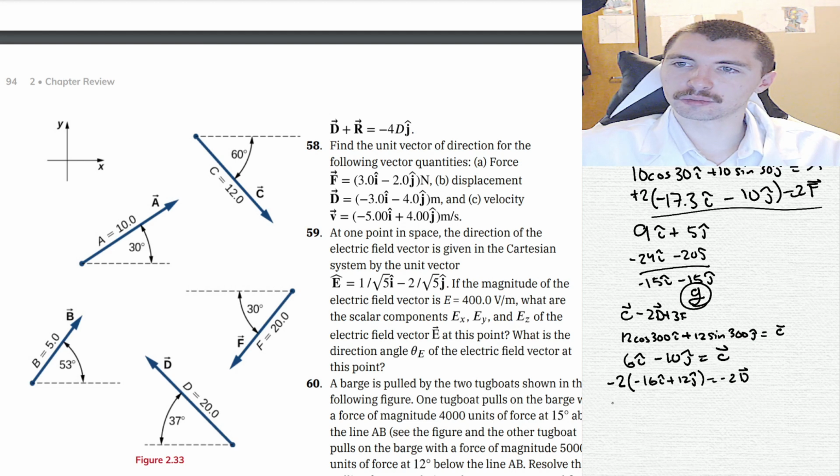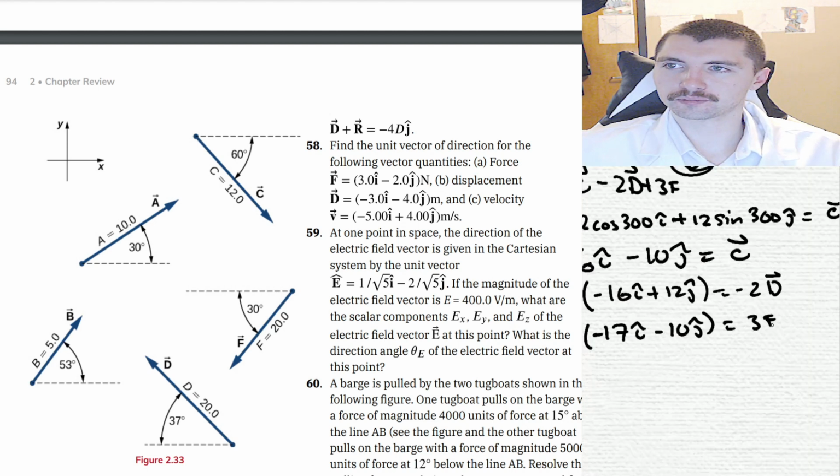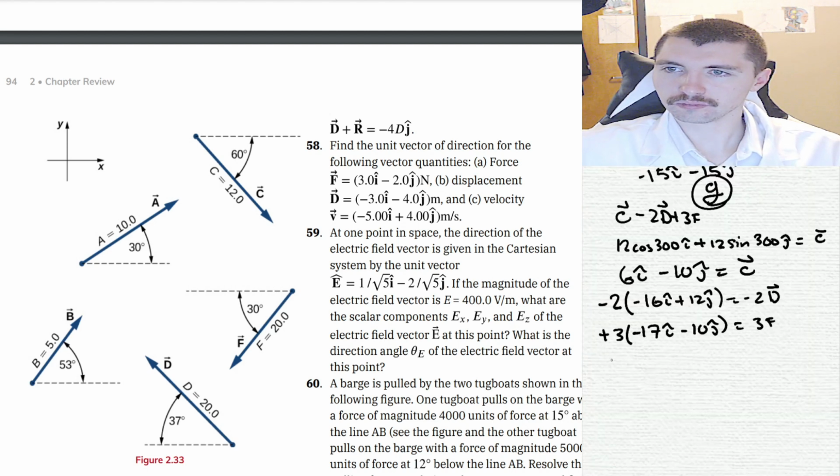And then we are adding 3F. So that's going to be negative 17. So we need to calculate this.